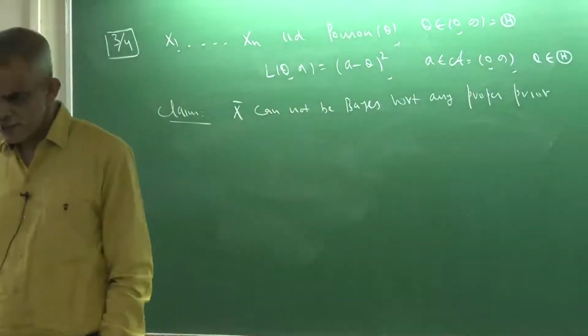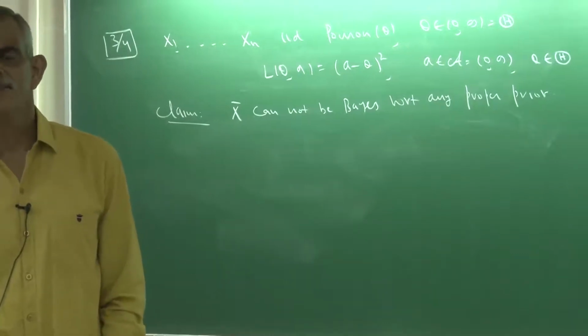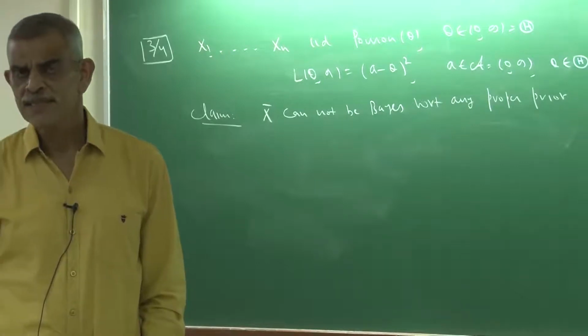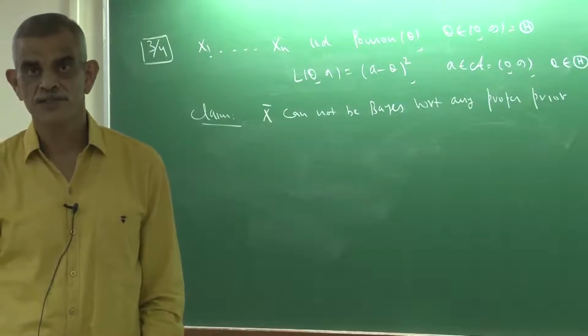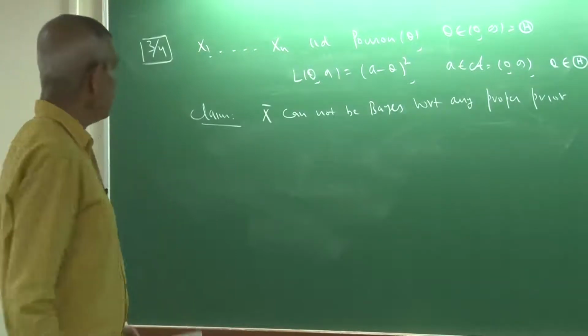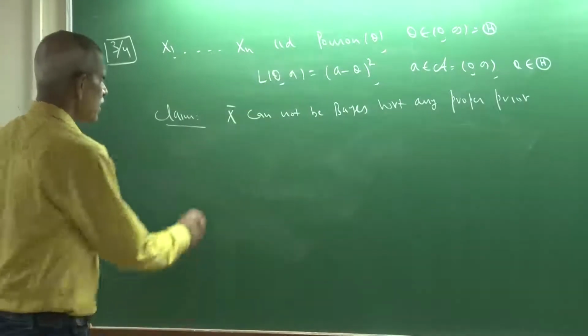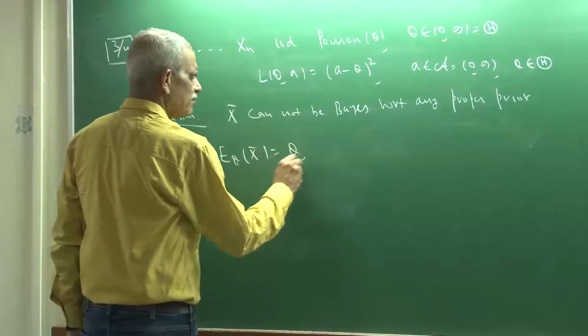So let us recall the result which said that if you have any unbiased estimator, then if it is Bayes under squared error loss function, so the Bayes risk should be 0. Is x bar unbiased in this case? Because Poisson mean is theta, so expected value of x bar is theta.